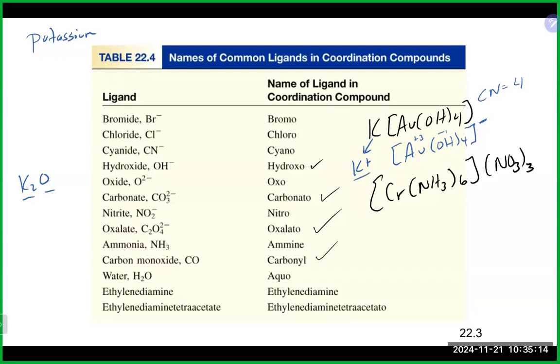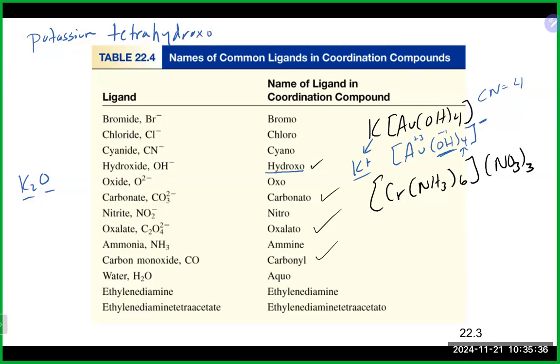Now, we do need to name our ligands first. So our hydroxides are the ligand, and there's 4 of them. So the prefix for 4 is tetra. And here, hydroxide is hydroxo.